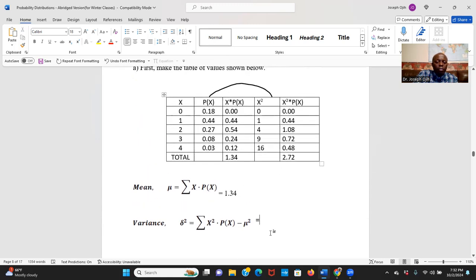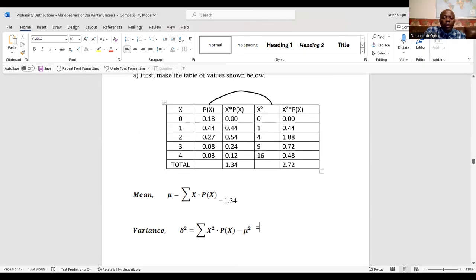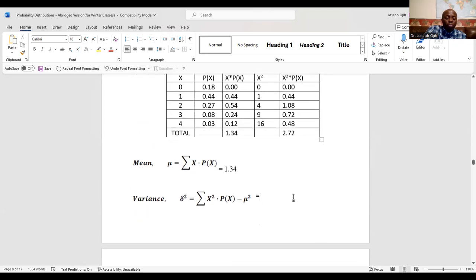That's the sum. The sum of x squared times px is 2.72, minus the mean, which is 1.34. But see, minus the mean squared means the square of the mean, 1.34 squared.